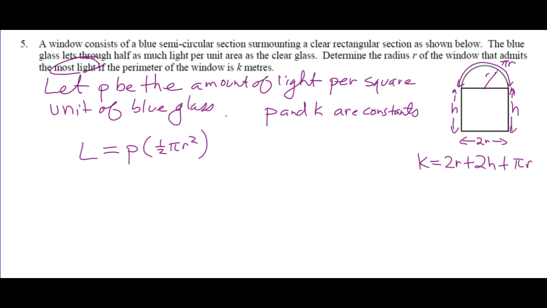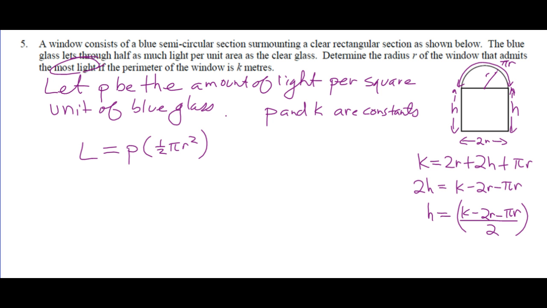But we can't have all these variables. So what we're going to do is get h in terms of k, because k is something that we know. K is part of the question here. So 2h will be k minus 2r minus pi r, and h will be k minus 2r minus pi r over 2.